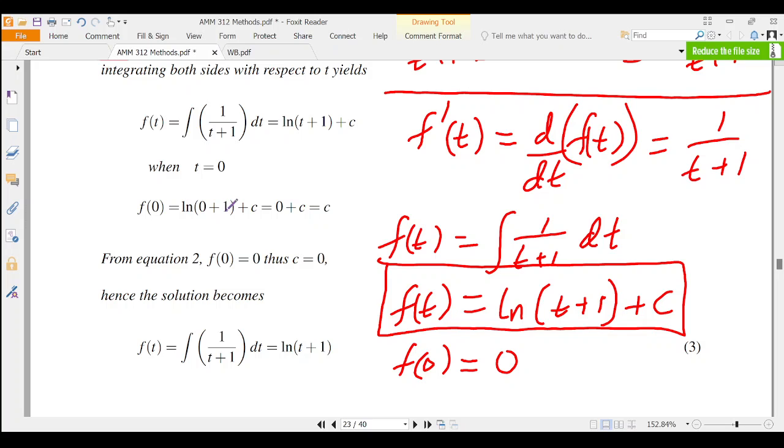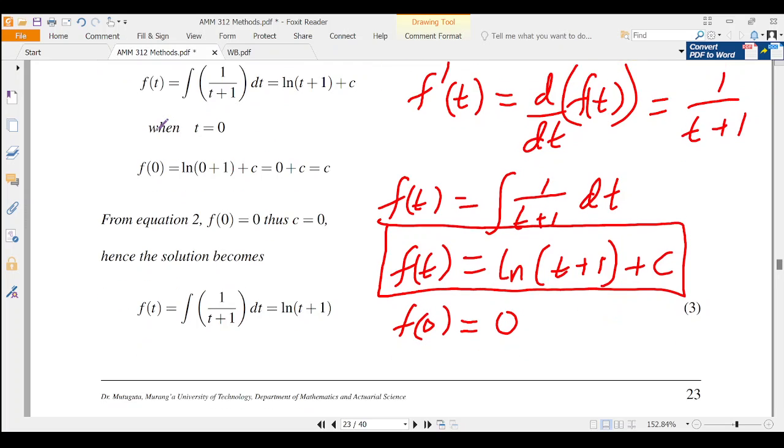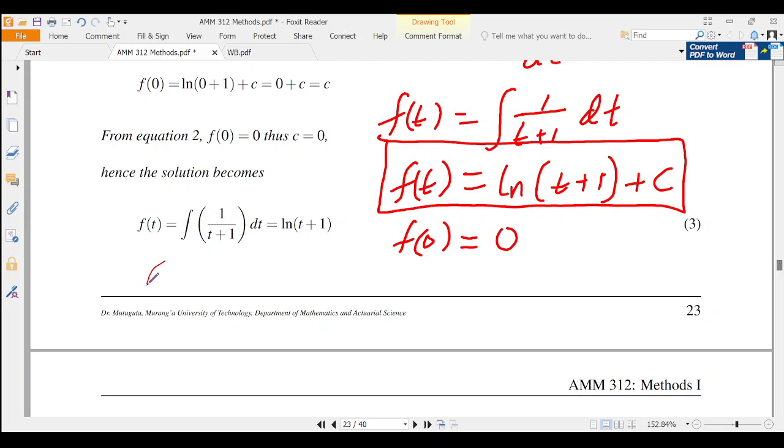Logarithm of 0 plus 1 is logarithm of 1, which is 0, plus c. So f of 0 is equal to c. But we had seen that f of 0 is equal to 0, which implies that c is equal to 0. Then we substitute back and we get f of t is equal to logarithm of t plus 1.